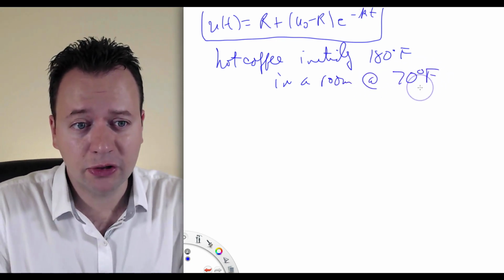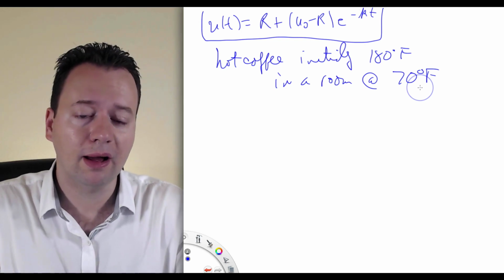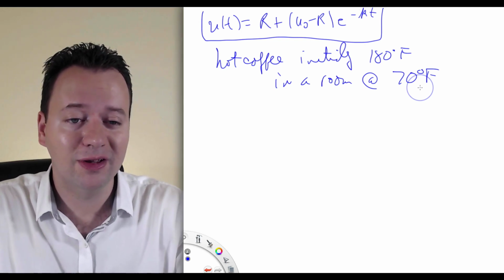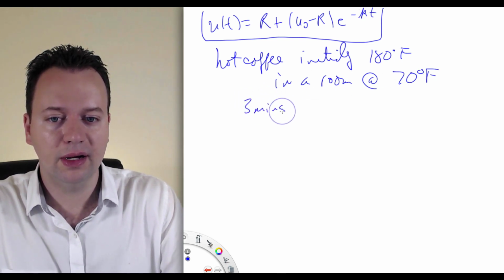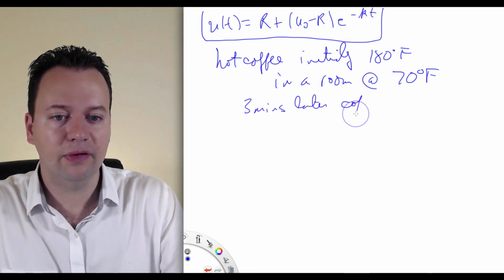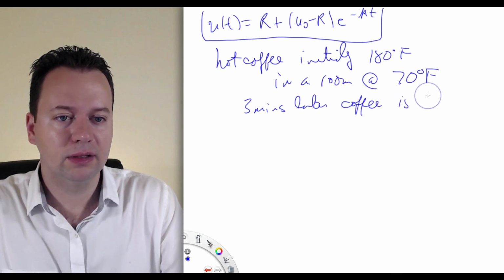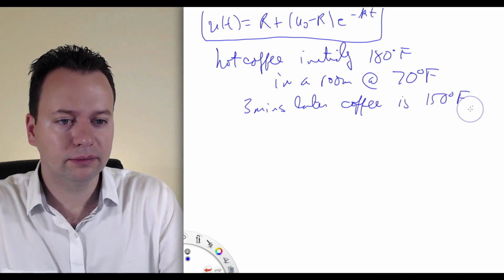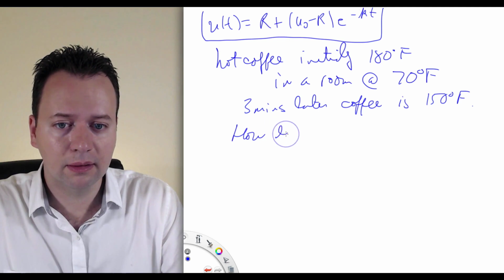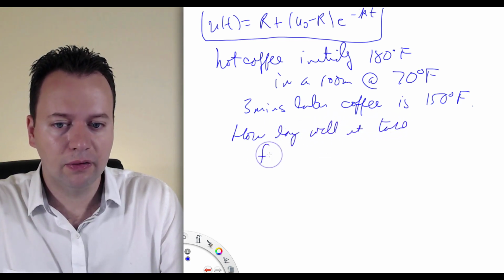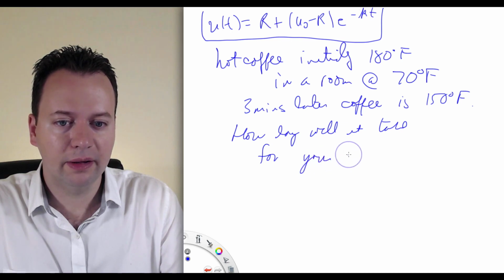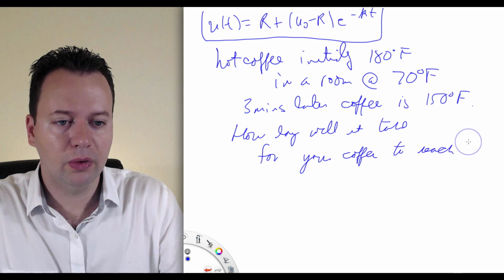So the ambient temperature of the room is 70 degrees, and your hot cup of coffee is initially 180 degrees. And then 3 minutes later, your coffee is 150 degrees. So how long will it take for your coffee to reach 100 degrees?